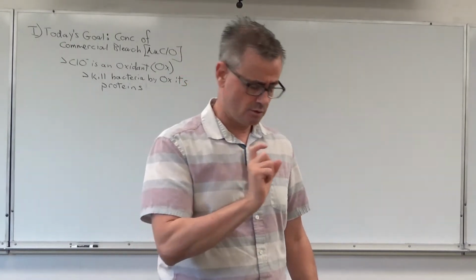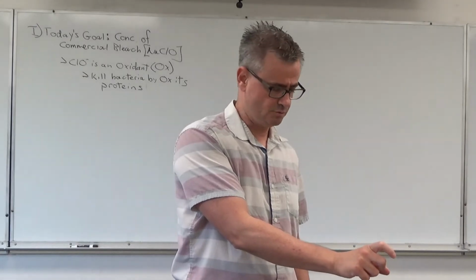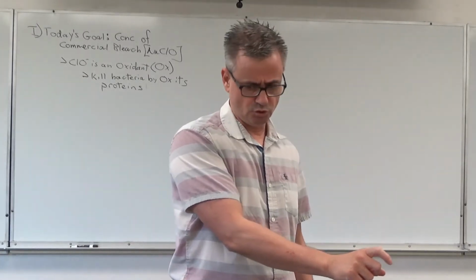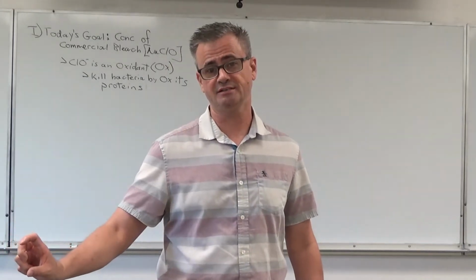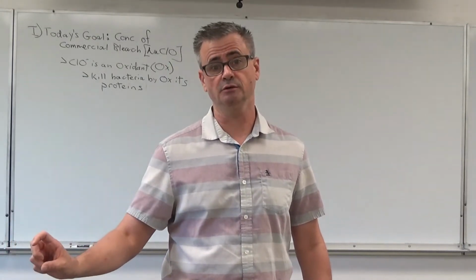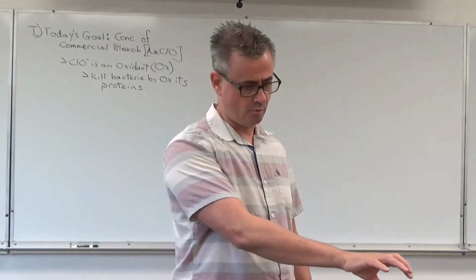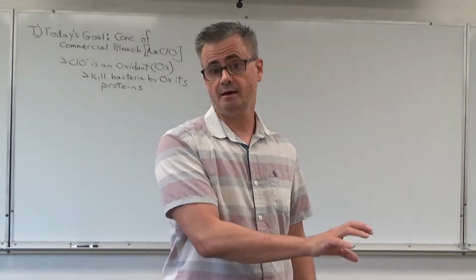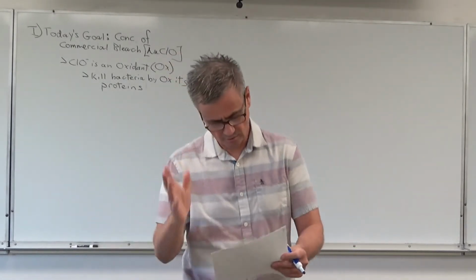So we're going to take that I3 minus and reduce it back to I minus, and that process we can very carefully monitor, and then figure out how much I3 we had originally. However much I3 is how much bleach we had. Okay, that's the general synopsis.